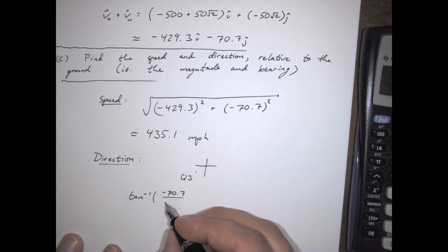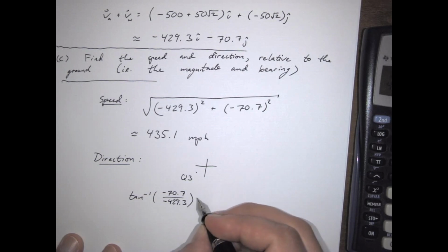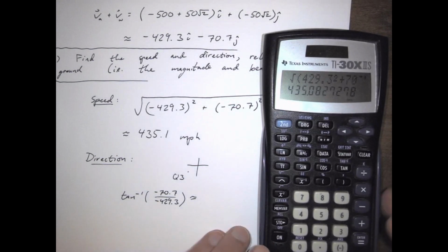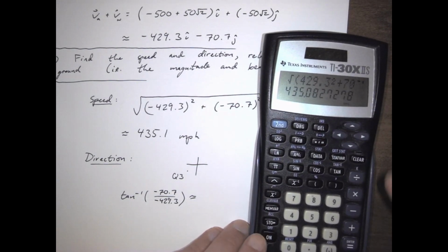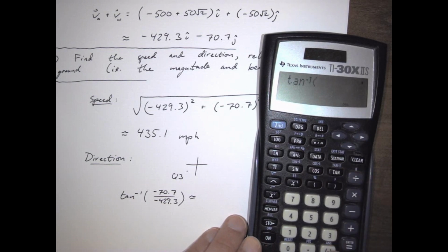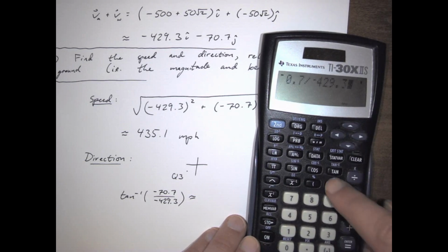So negative 70.7 over negative 429.3. First, the inverse tangent here. Negative 70.7 divided by negative 429.3.